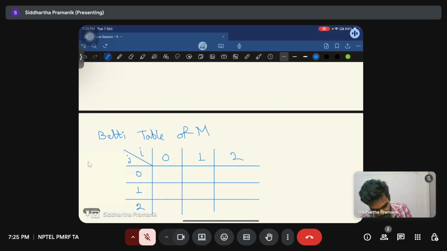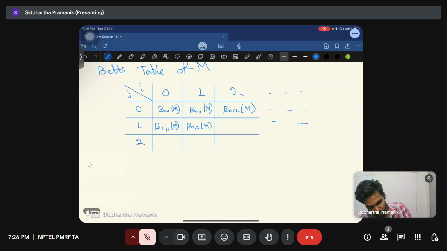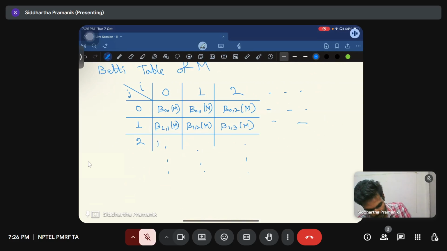The first entry is beta 0 comma 0 of M. Second entry is beta 0 comma 1 of M. This entry is beta 0 comma 2 of M. This entry is beta 1 comma 1 of M. This entry beta 1 comma 2 of M, and so on. We can take up to as much as we have. So this is beta 1 comma 3 of M. This is beta 2 comma 2 of M, beta 2 comma 3 of M, and so on.